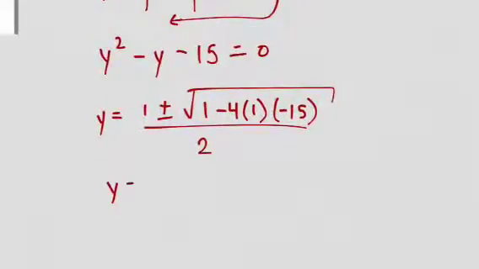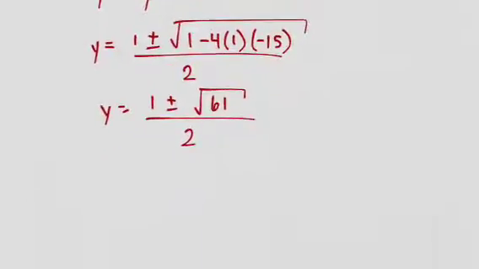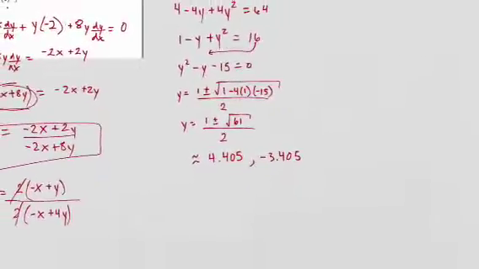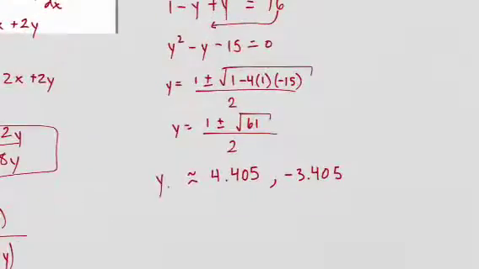So we get y equals 1 plus or minus the square root of 61, divided by 2, because this becomes positive, and that approximates to those two answers right there. So those are actually both of my y1s.